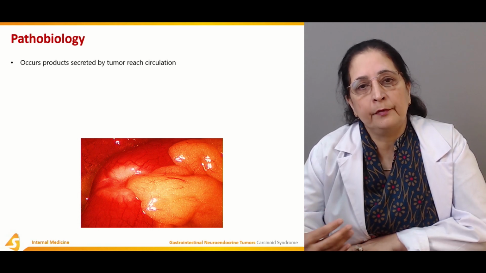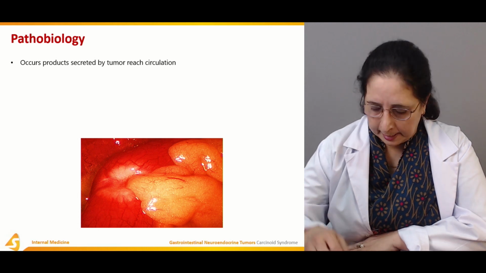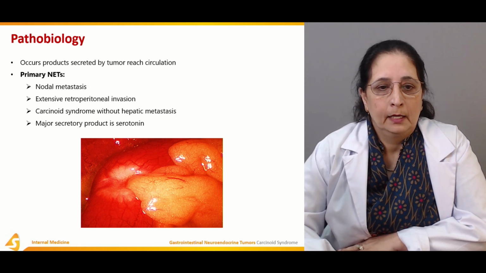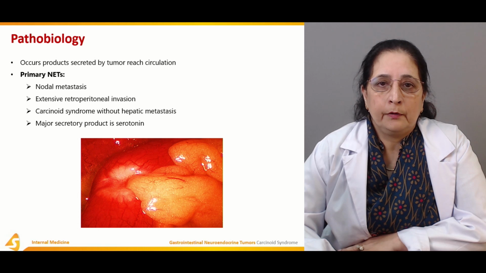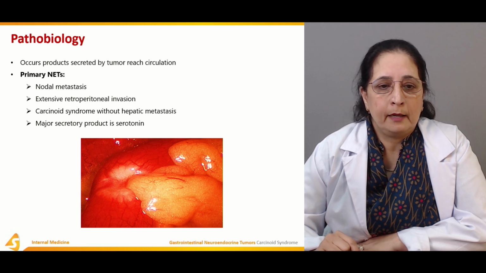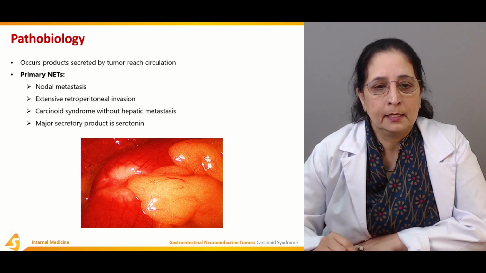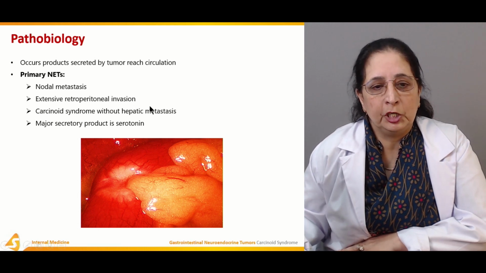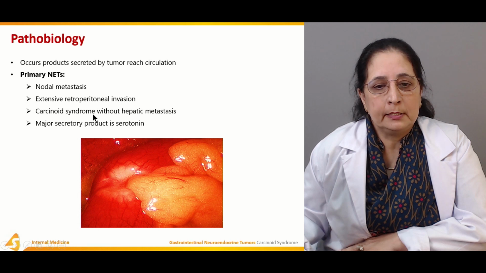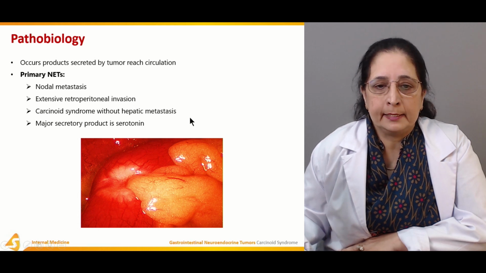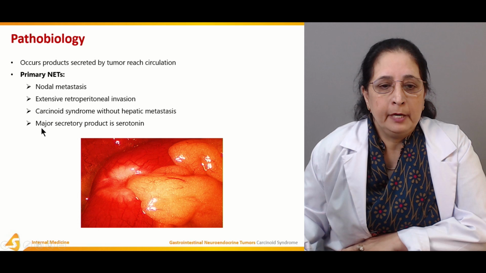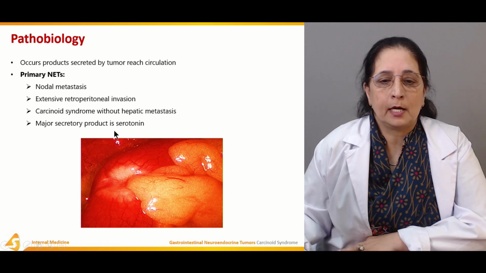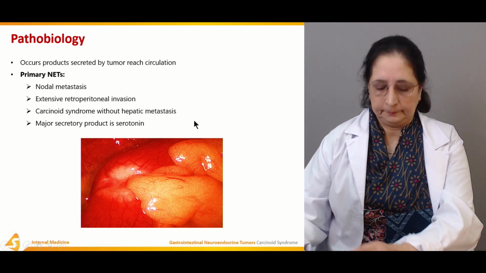We mentioned different peptides produced by the tumors. Primary neuroendocrine tumors usually have nodal metastasis, extensive retroperitoneal invasion, or carcinoid syndrome without hepatic metastasis. The major secretory product is serotonin.